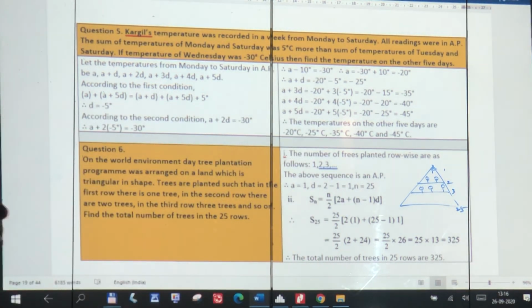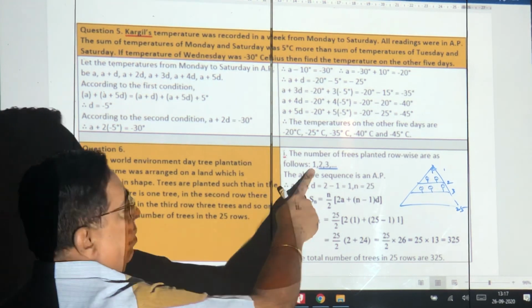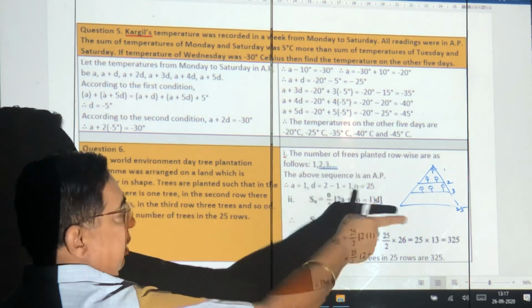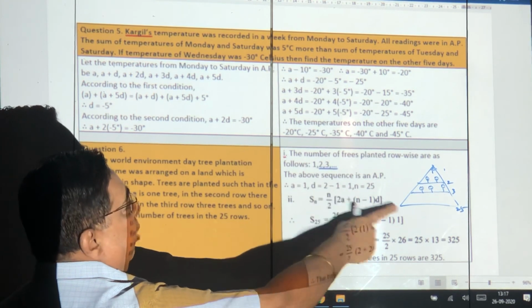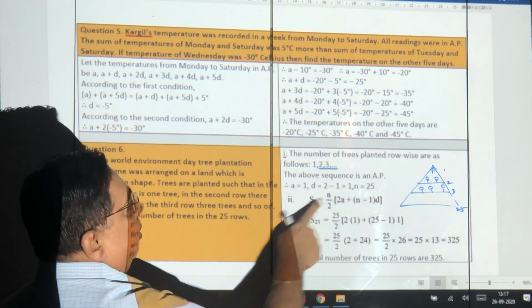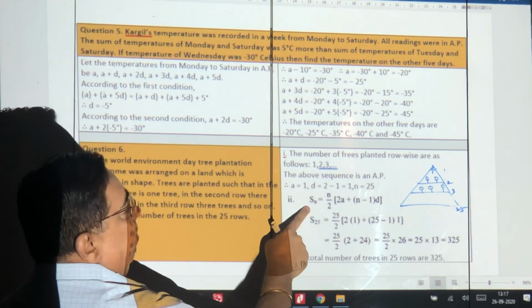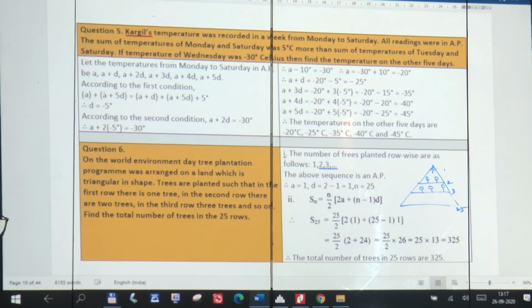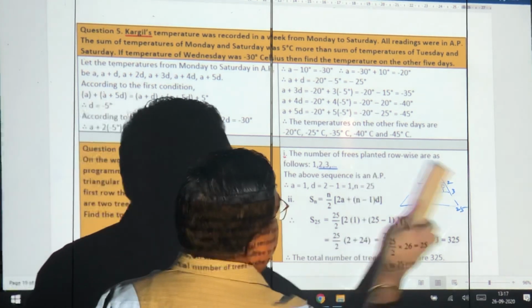Find the total number of trees. My friend, I started with 1 tree and my difference is 1 tree: 1, 2, 3, and I know there are 25 rows. Total is always the sum. Substitute in the formula. n is given, a is known, d is known. God bless you, you will get the marks.